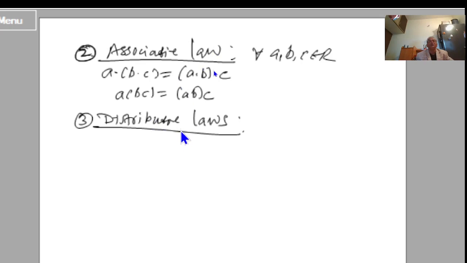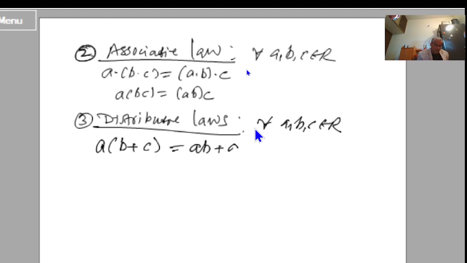And the third axiom is the mixture of these two operations, that is, we combine dot and plus. So that is here: for all A, B, C belongs to R, A dot (B plus C) is equal to AB plus AC.